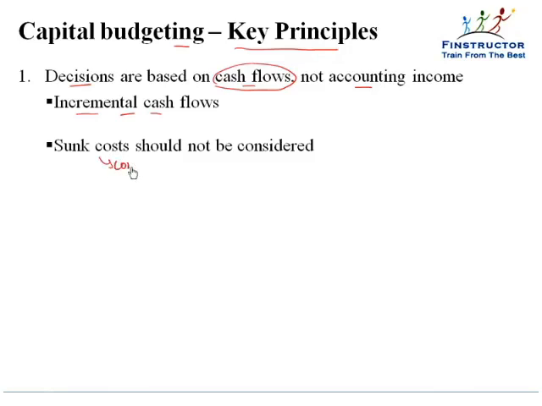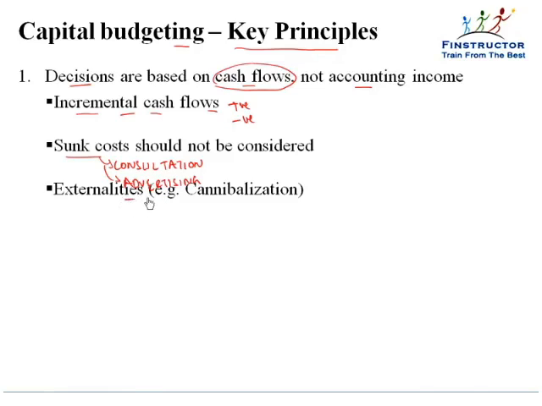So if you've already given for some consultation fees, or let's say you've spent some money on advertising, whether you take that project up or you don't take that project up, that cash is not going to come back. So analyze the incremental cash inflows and the incremental cash outflows to decide whether the project should be taken or not. Sunk costs should not be considered.